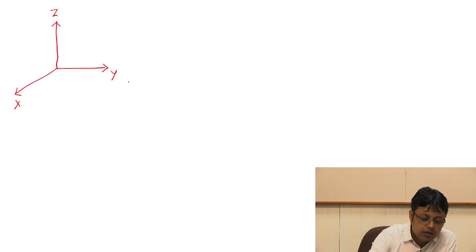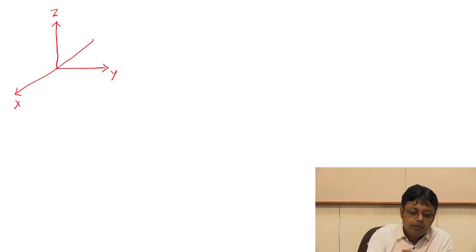Now, suppose this is an arbitrarily oriented velocity vector, which has velocities along x, y, and z.